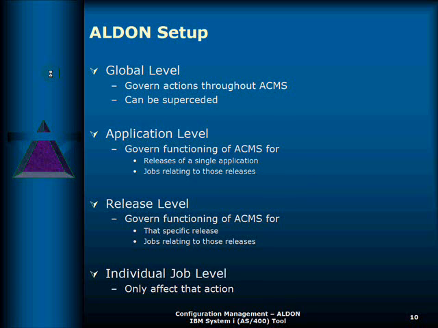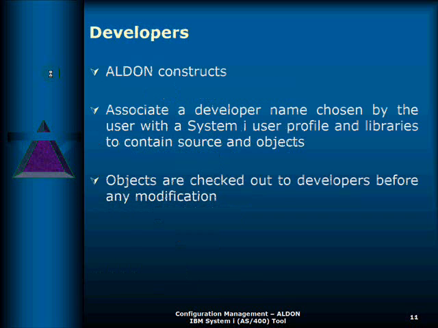Developers. What are developers? In ALDON, when a user wants to modify an object, they check it out to a developer. A developer is an ACMS construct that associates a developer name chosen by the user with a System i user profile and libraries to contain source and objects.